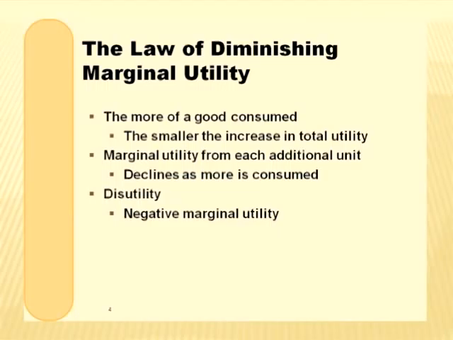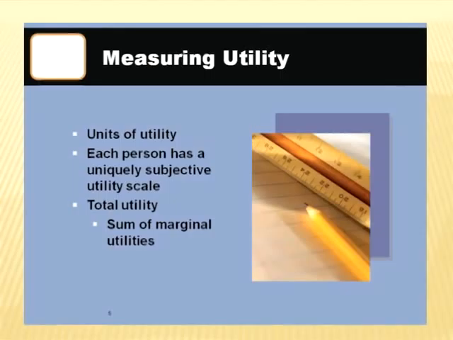That is, as we consume more and more of a good, typically it does add to total utility, but each additional unit does not add as much as we get more and more. And in fact, we could end up having a disutility. That is, we could end up in a position where we actually have a negative marginal utility. And we'll see an example of that in a second.